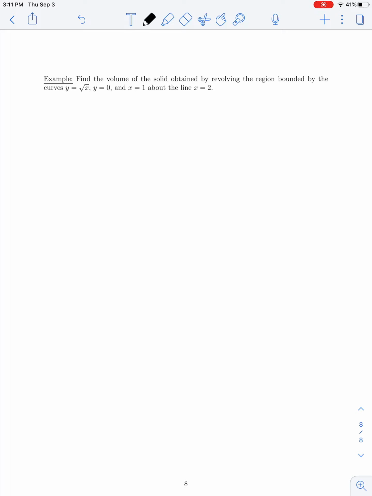So let's see if we can visualize our region. So we know that we're looking at the region bounded by the curves y equals the square root of x and y equals 0, which is the x-axis. So we know they intersect at the origin. And the graph of y equals the square root of x is this parabola opening along the positive x-axis.